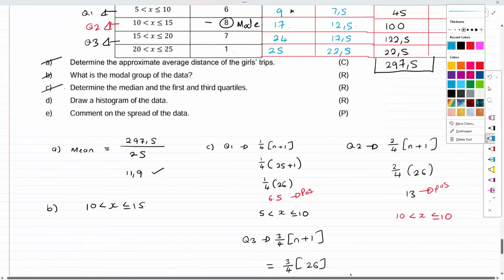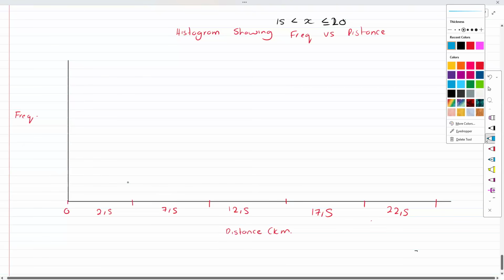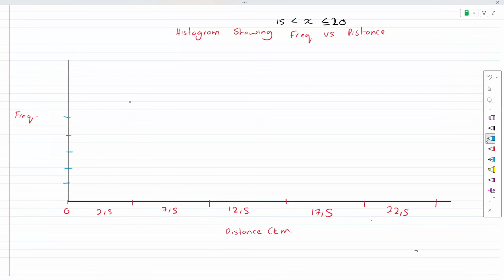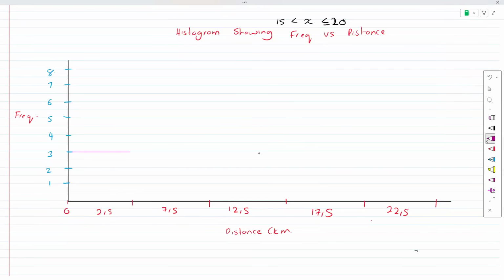So frequency goes up to 8. Ooh, it goes up to 8. 1, 2, 3, 4, 5, 6, 7, 8. What color should I use? Okay, let's go with this one. So for the first interval, the frequency was 3, guys. So it's going to go there.